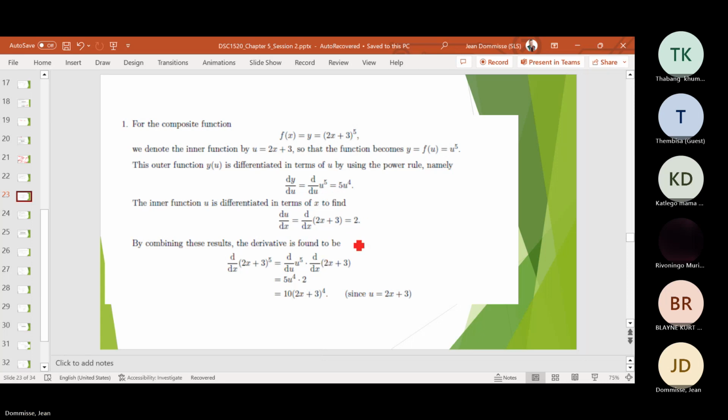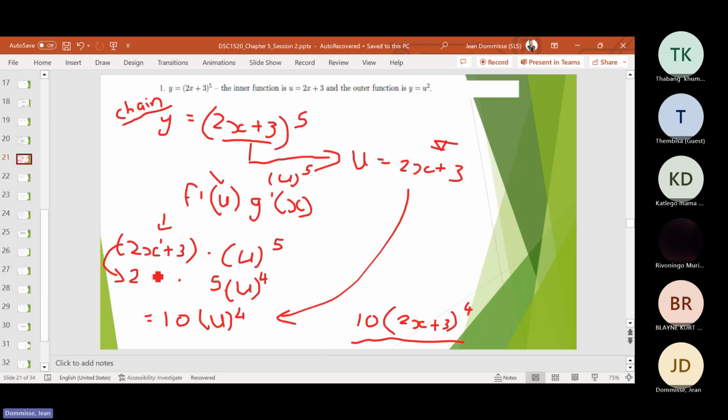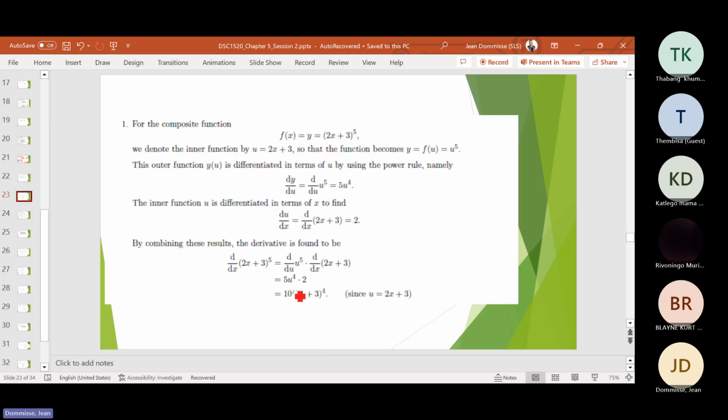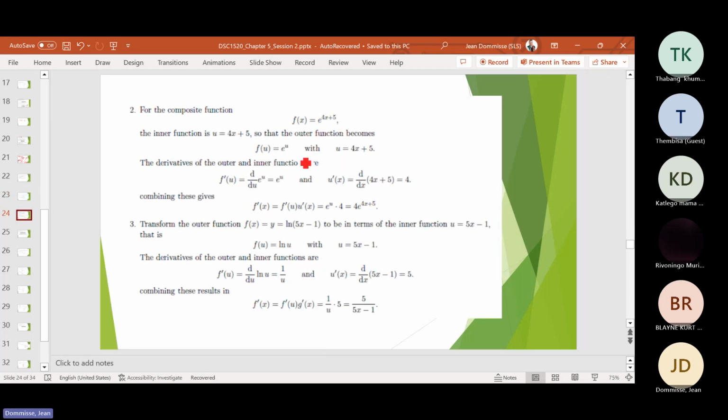And then when we differentiate the 2x plus 3, it becomes the 2, like we had there. Your final answer then is 10u to the power of 4, and then we can substitute the u by the 2x plus 3. Okay, so that is going to be nearly how all of these will work when we work with the chain rule.